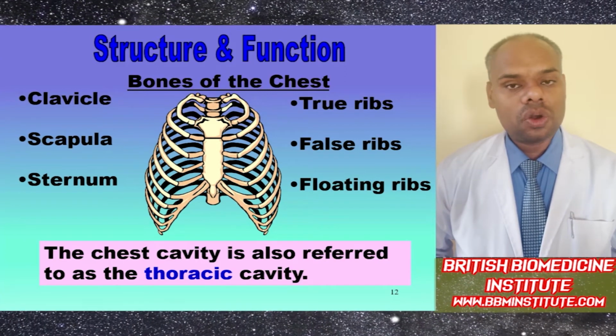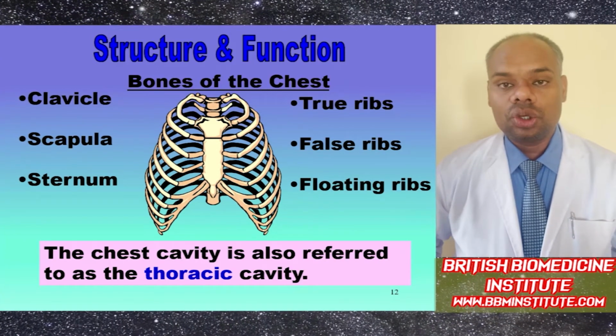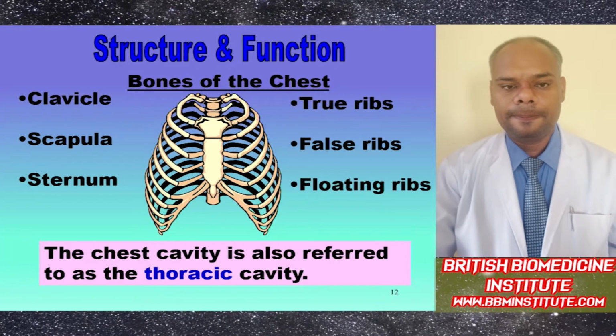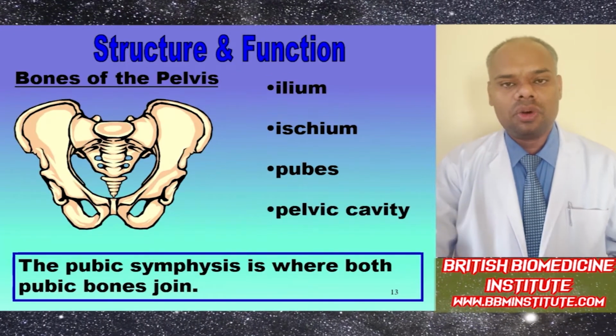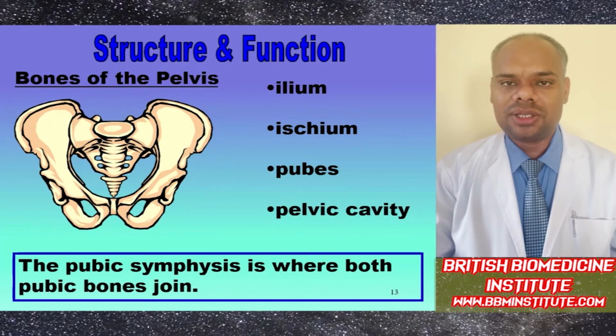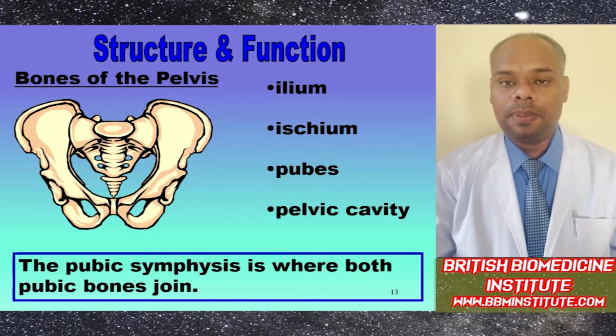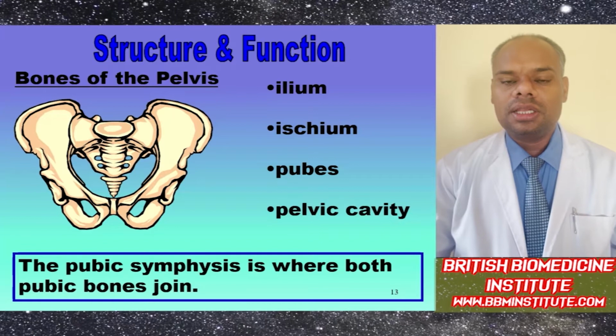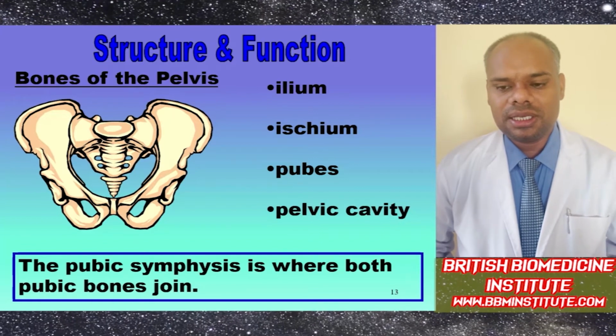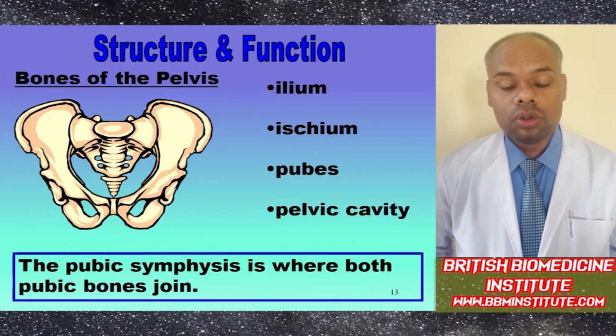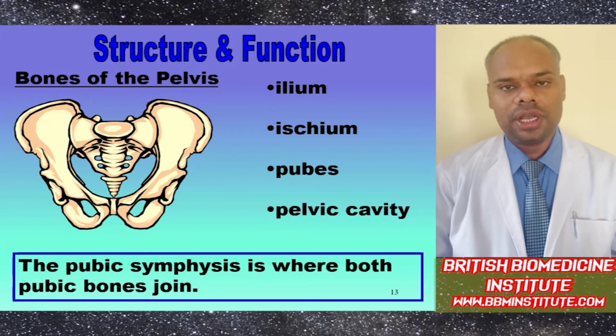The chest cavity is also known as the thoracic cavity, whereas the bones of the pelvis consist of the ilium, ischium, pubis, and the pelvic cavity. The pubic symphysis is where both pubic bones join together.